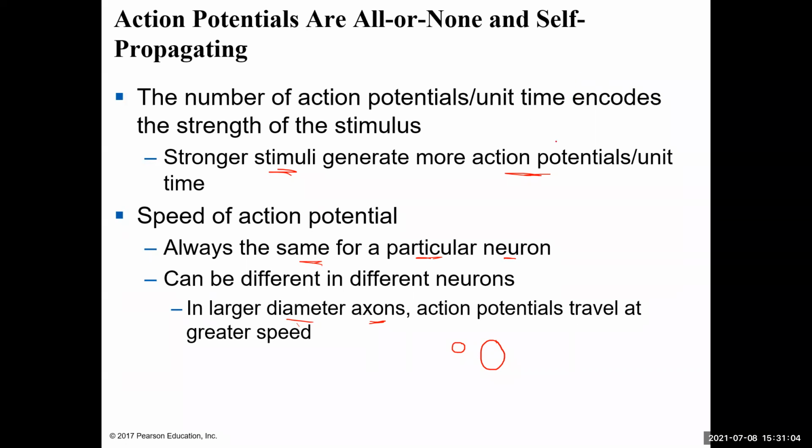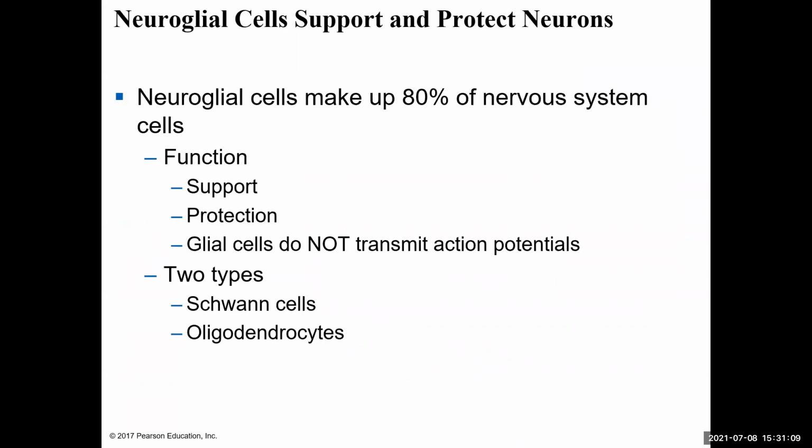Okay, something that helps with the transmission of these action potentials and electrical signals are neuroglial cells. Neuroglial cells actually make up about 80% of nervous system cells. They have a couple of different functions. They provide support, they provide protection, and they also help to provide nutrients to the cells.